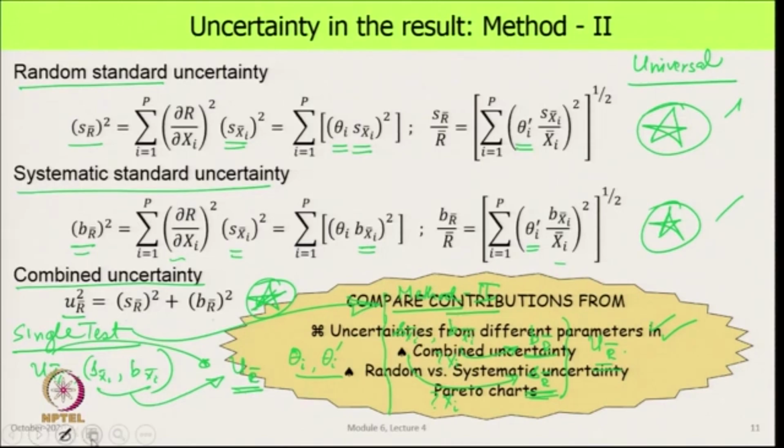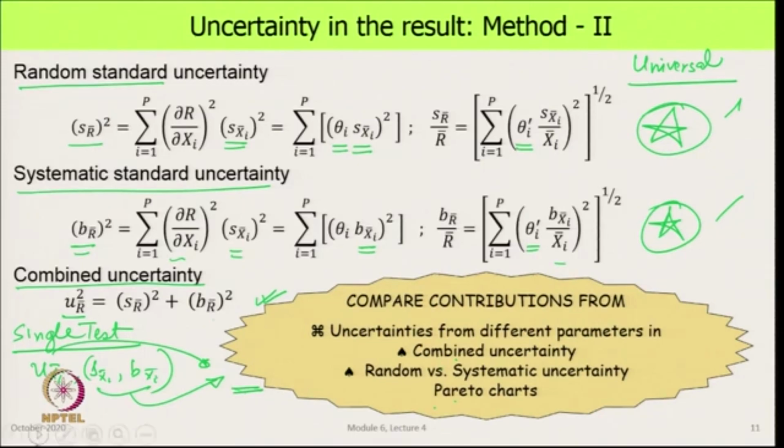So, what we have seen is that with this analysis we can compare contributions to the result uncertainty coming from different parameters, in the combined uncertainty, which was method 1, and if you used method 2, we could also get the breakup of random and systematic uncertainty from different parameters.